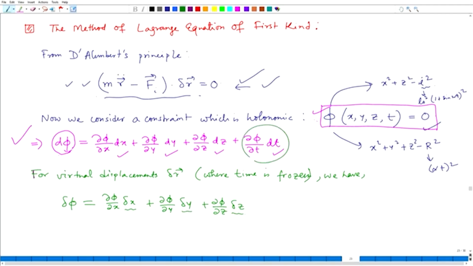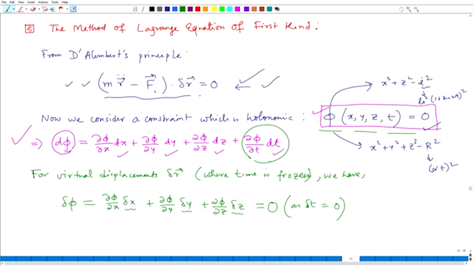What about the term in t? There will be no term here which is a counterpart of that term, because delta t by definition is 0. So I will have simply this. Because phi is 0, this will also be equal to 0.